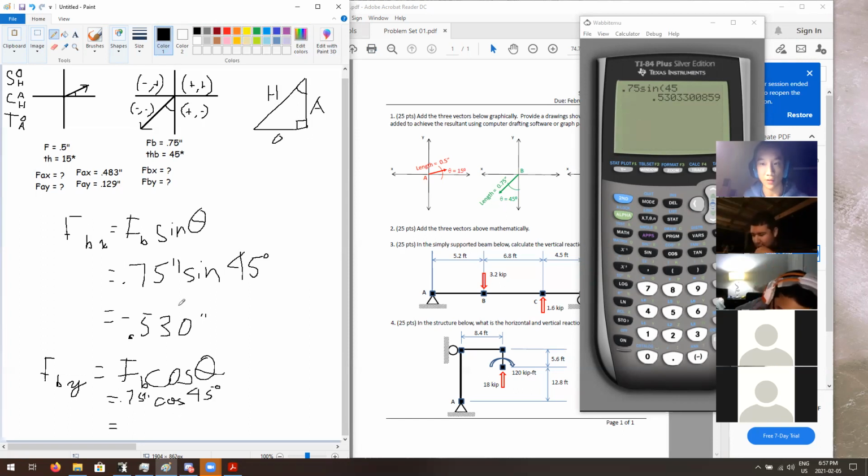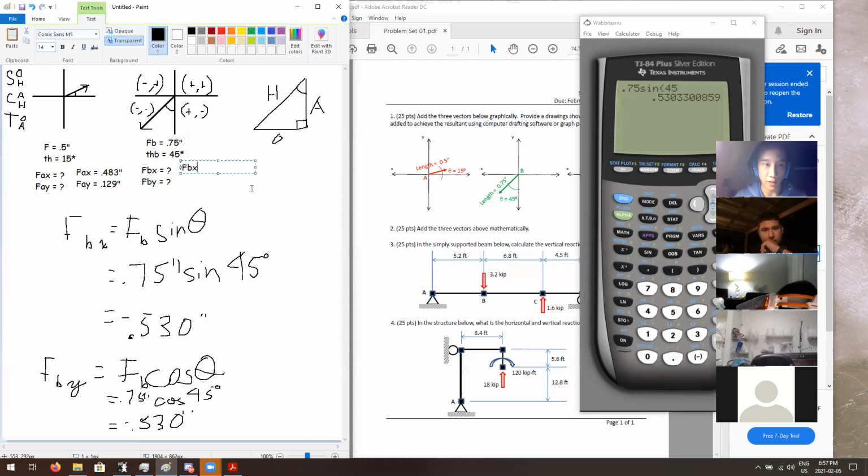You get the same exact answer. 0.530 inches. But it's negative because it's going down into the third quadrant. Both measurements are negative. Beautiful. Now we did that one. FBX is equal to negative 0.530 inches. And FBY is equal to negative 0.530 inches.